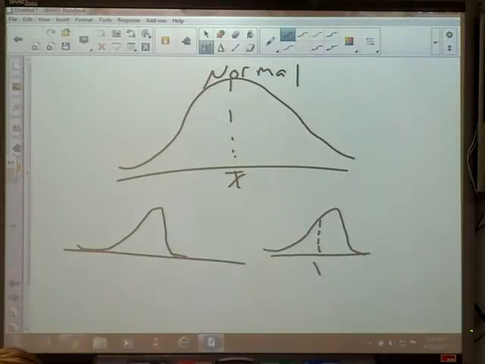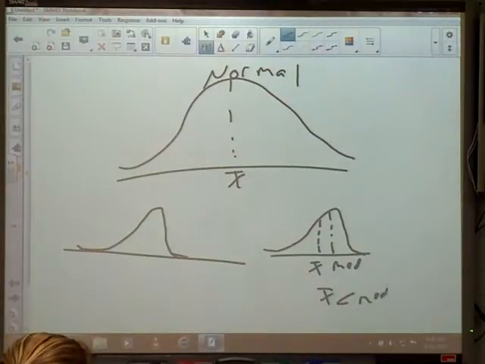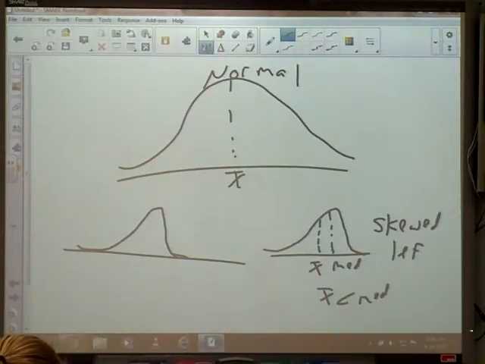But here's why it's skewed to the left. Remember back to your middle school statistics, the mean is less than the median. So if your mean is less than the median, it is skewed left. That's the terminology that's used on that.